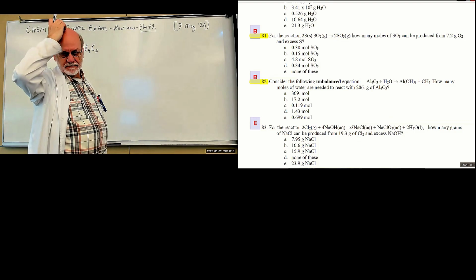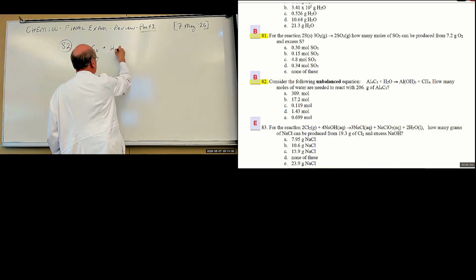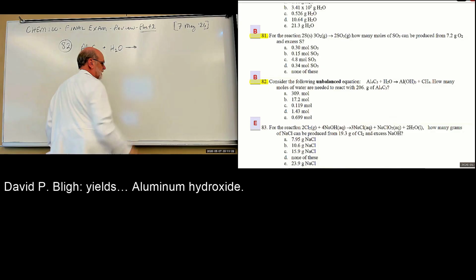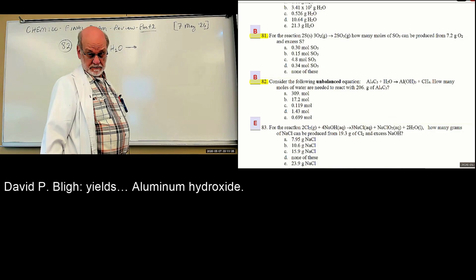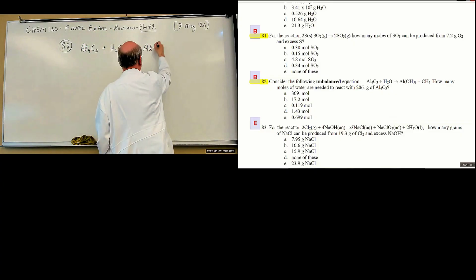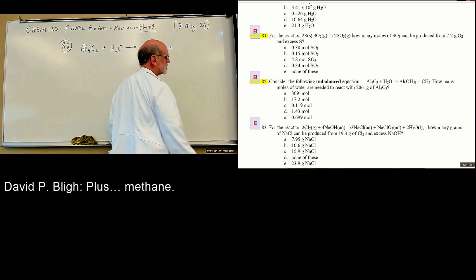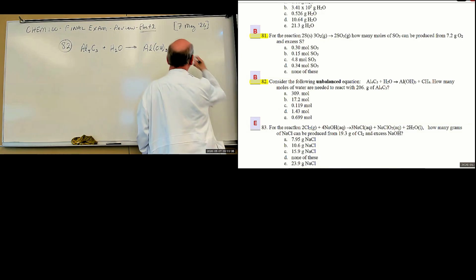Aluminum carbide plus water yields aluminum hydroxide plus methane.